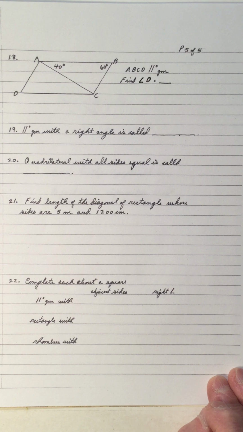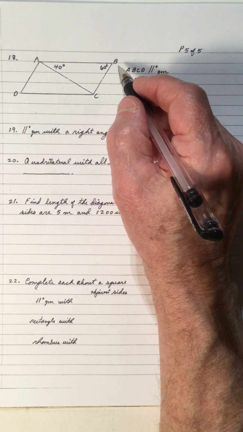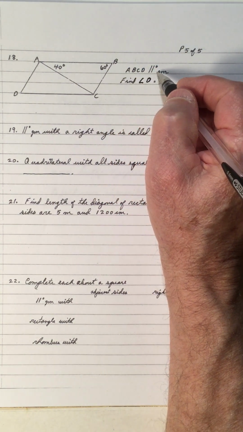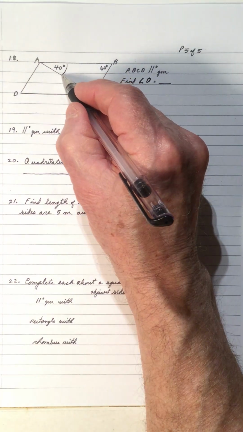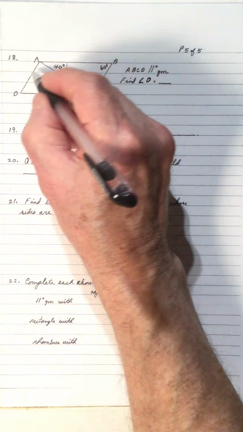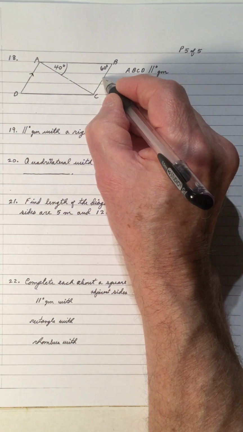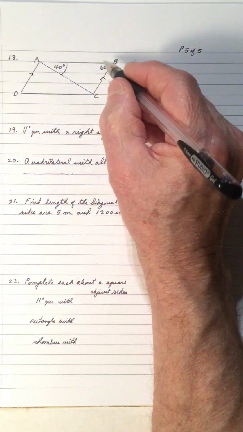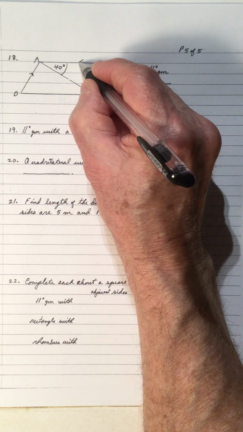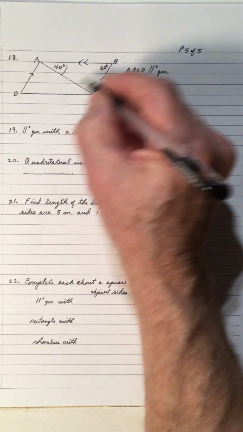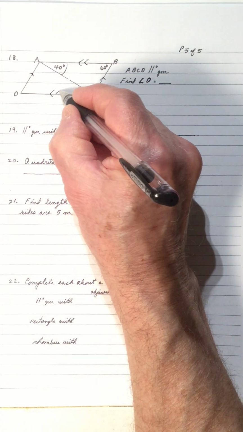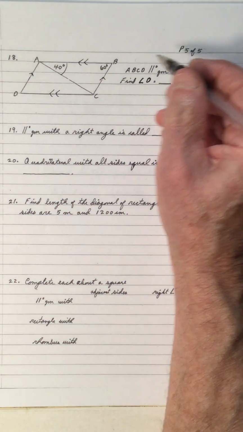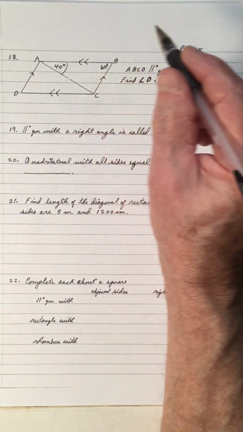And number 18. It says that ABCD is a parallelogram. We have this angle here is 40 degrees. So this is a parallelogram. We have AD parallel to BC, and AB parallel to DC. Opposite sides are parallel. So this is a 60.